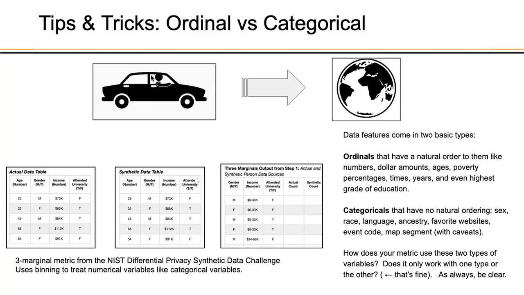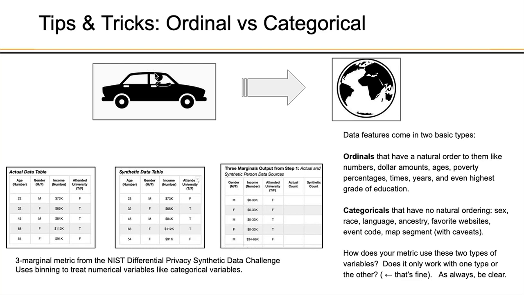Categorical variables don't have that. So these are things often like demographic variables, male, female, other, race, language, ancestry, favorite websites. All of our 911 data is categorical. Map segments are sort of categorical, but of course map segments do have associations with each other in two-dimensional space.